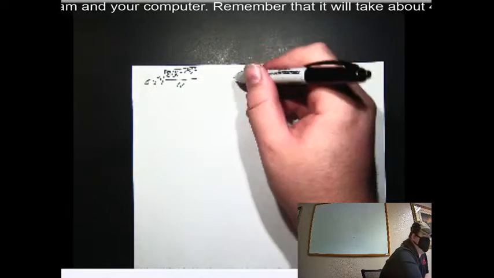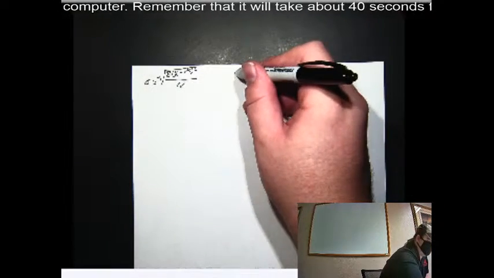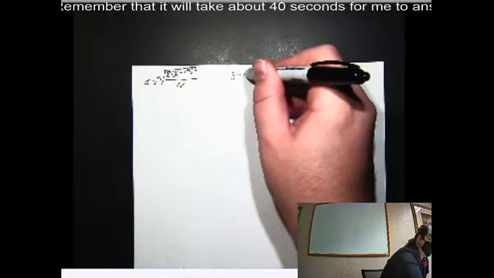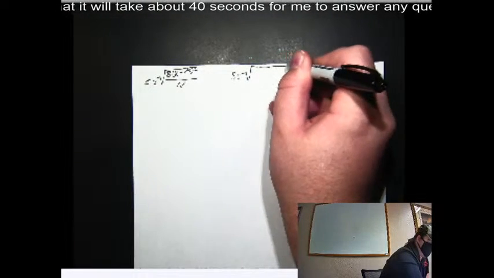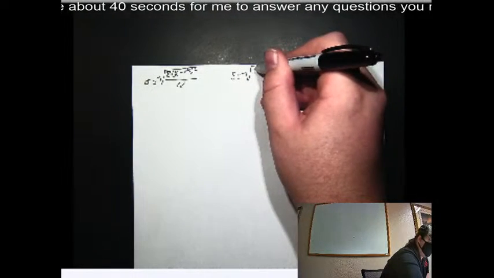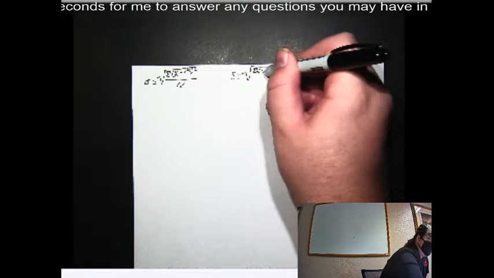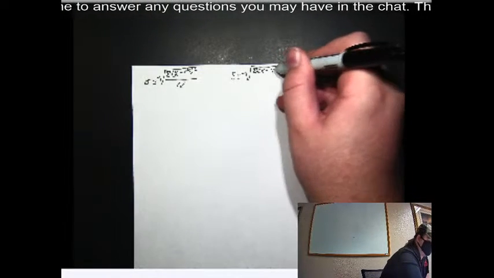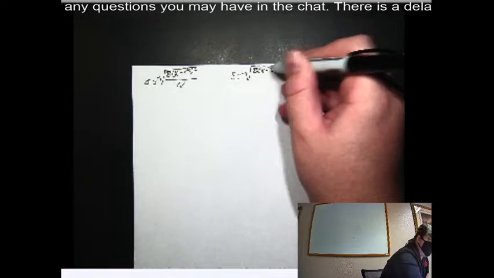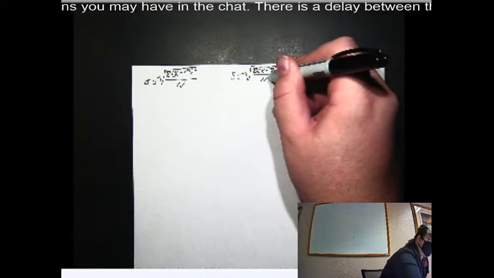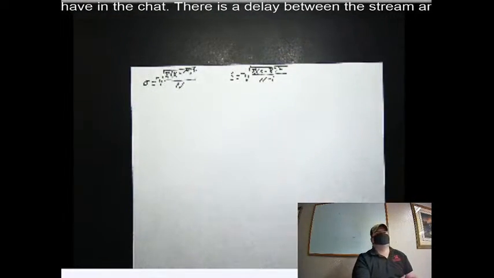And then we also have, for a sample, s equals almost the same thing. The sum of x minus x bar squared over n minus 1.